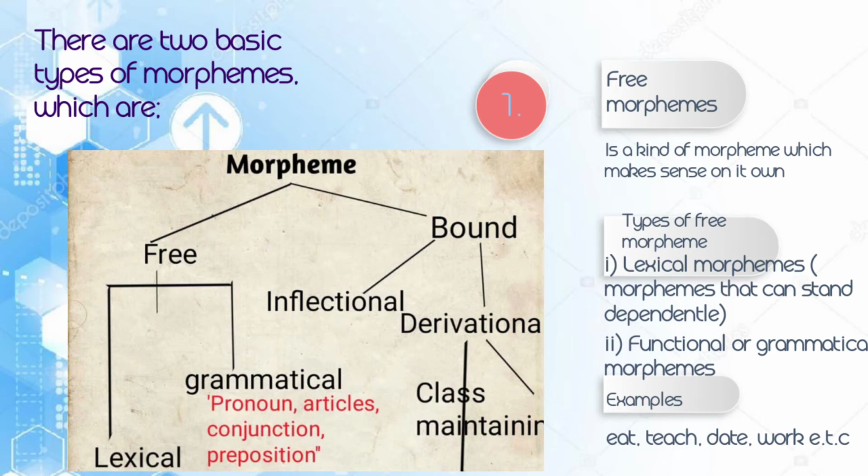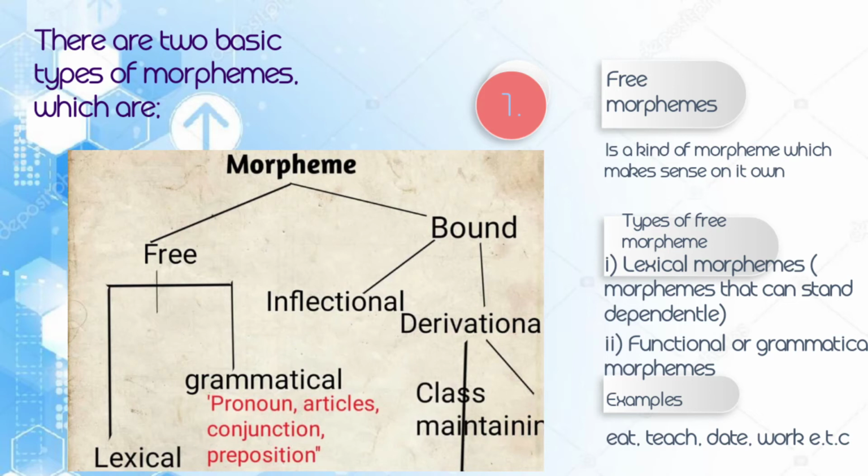It's a kind of morpheme which makes sense on its own. In other words, we can say they are independent morphemes. Now, types of free morphemes.